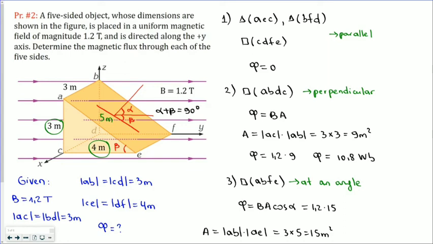So if we assume that this is 90 degrees, the sum of these two angles is also 90 degrees. So basically we need to find the cosine alpha from this triangle, and cosine alpha will be the adjacent side to the hypotenuse.